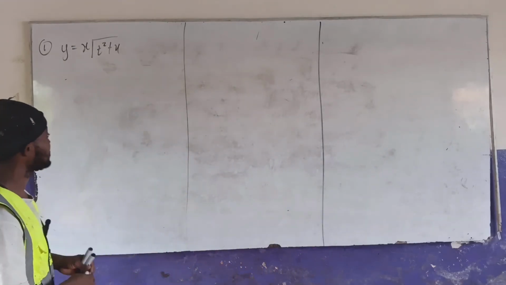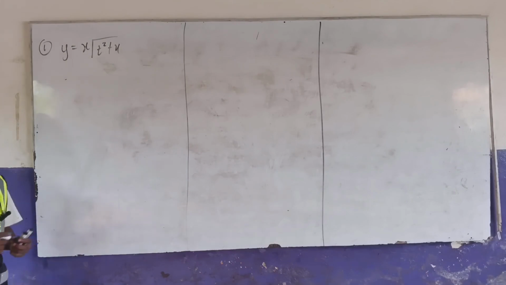So we go through the question carefully. First of all, we divide by x since we want to make t the subject.